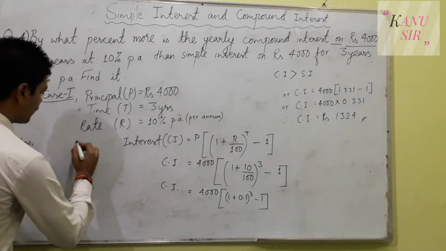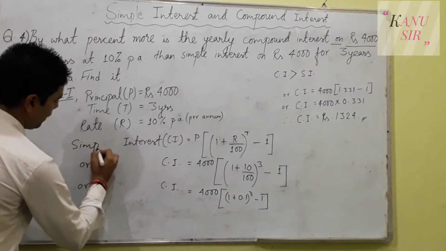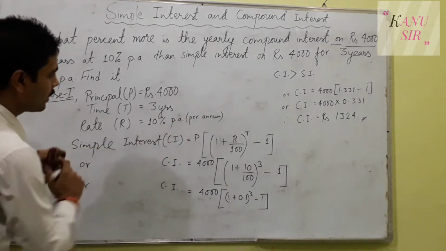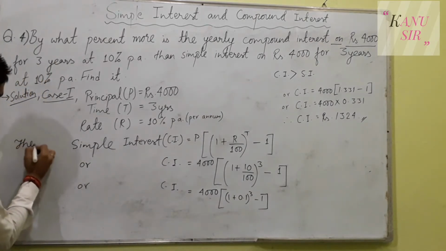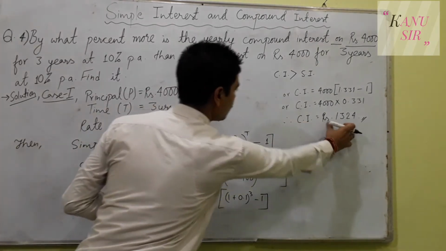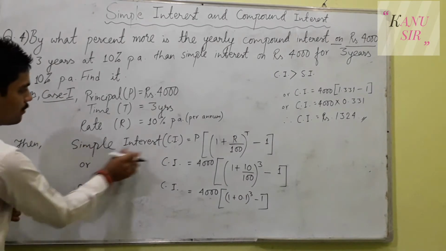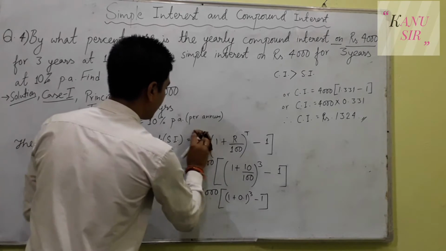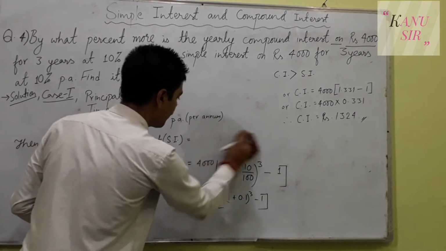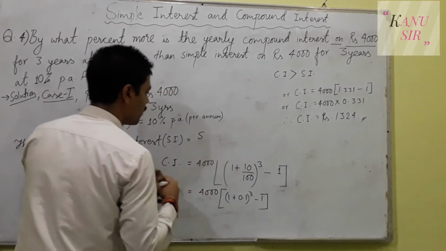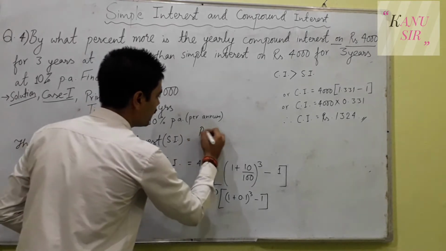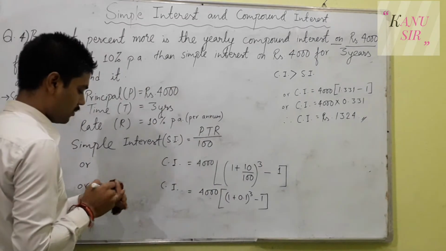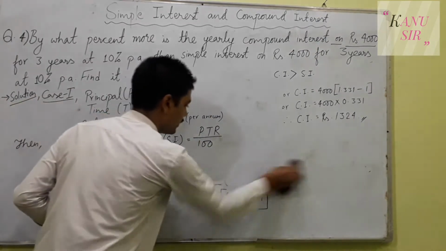So here we will write simple interest. We will erase the formula here and write a different formula, that is PTR upon 100. The simple interest formula is very simple to write also.